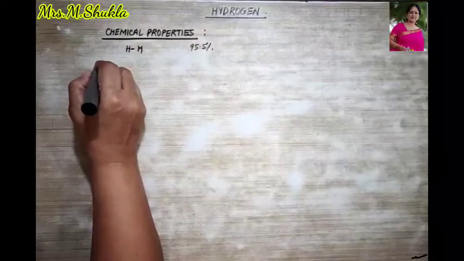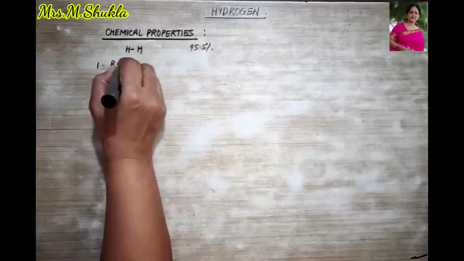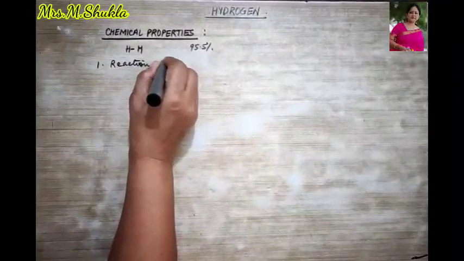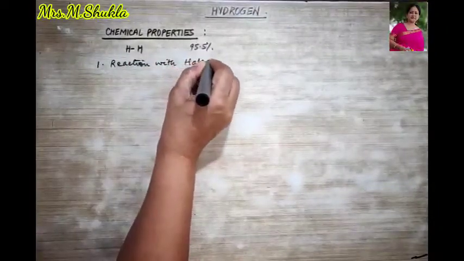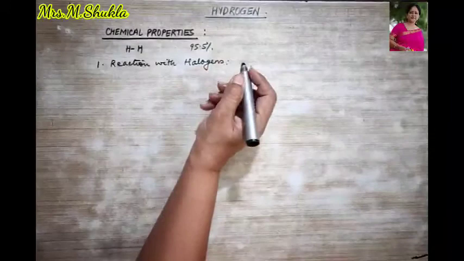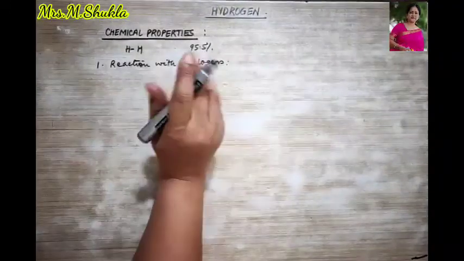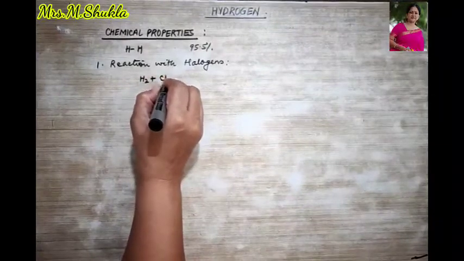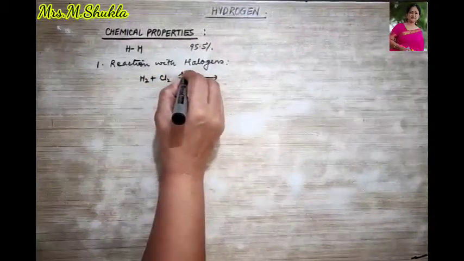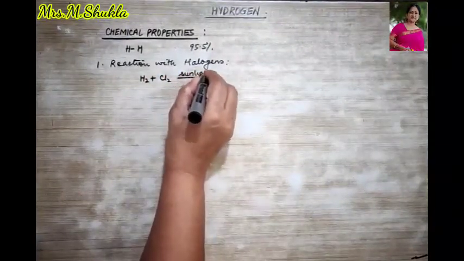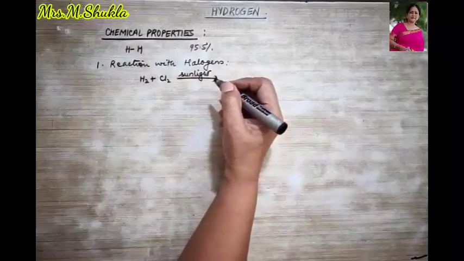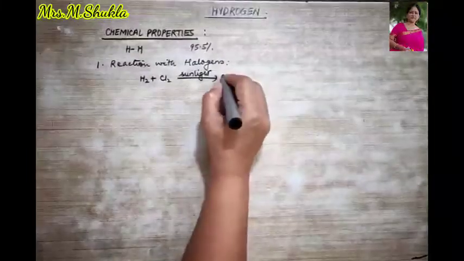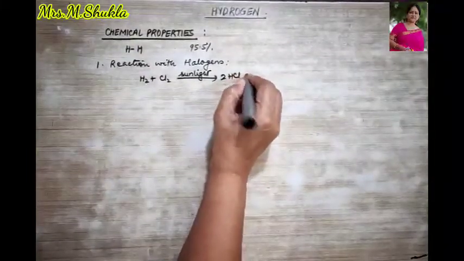Coming to the first kind, that is the reaction with halogens. You know what halogens are, like chlorine, fluorine, bromine. Hydrogen can react with chlorine in the presence of sunlight. It is an explosive reaction. It is also called a photolysis or photochemical reaction, forming hydrogen chloride.